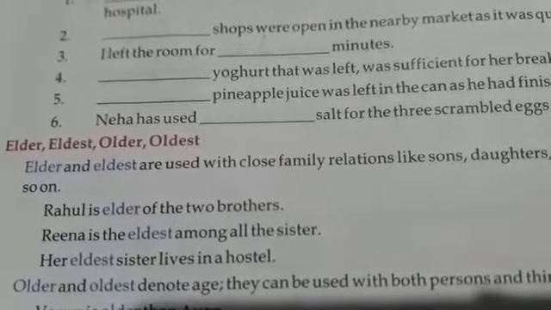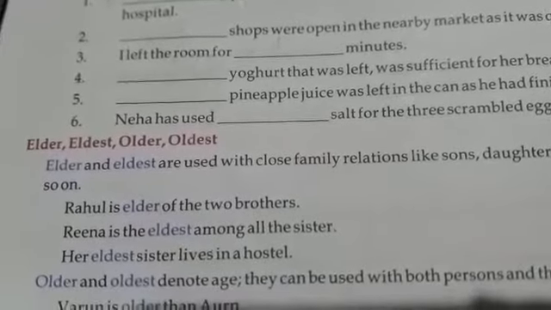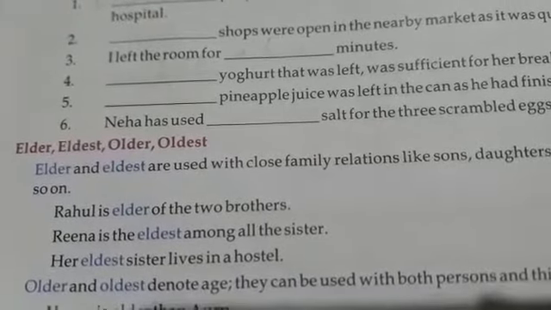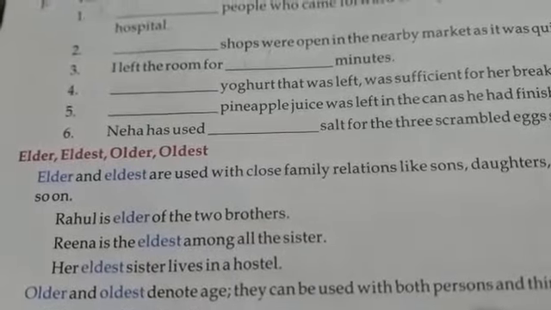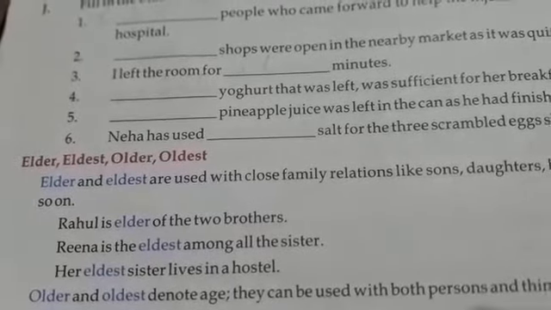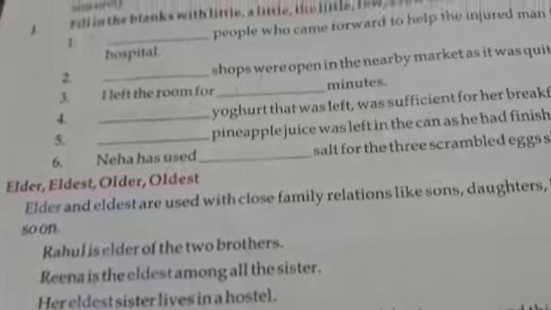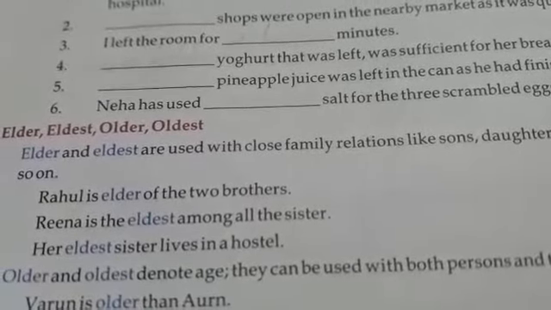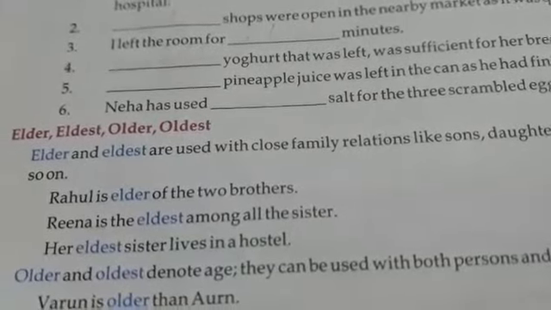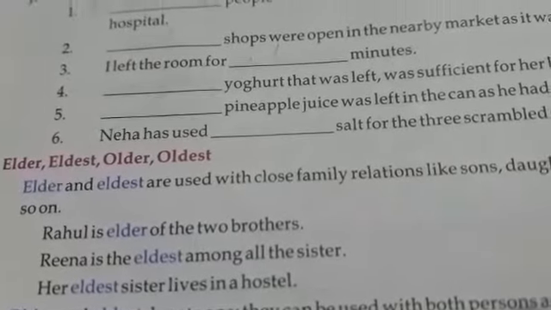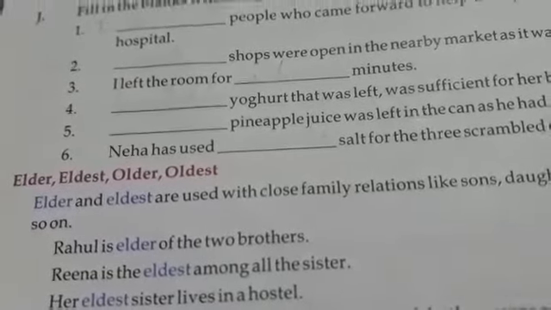Rahul is the elder of the two brothers. Reena is the eldest among all his sisters. Her eldest sister lives in a hostel. So for family relations, we use elder or eldest.